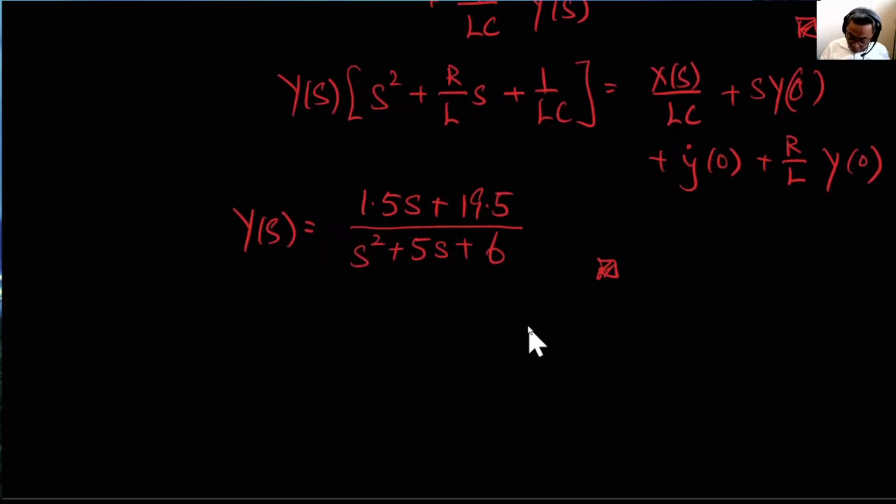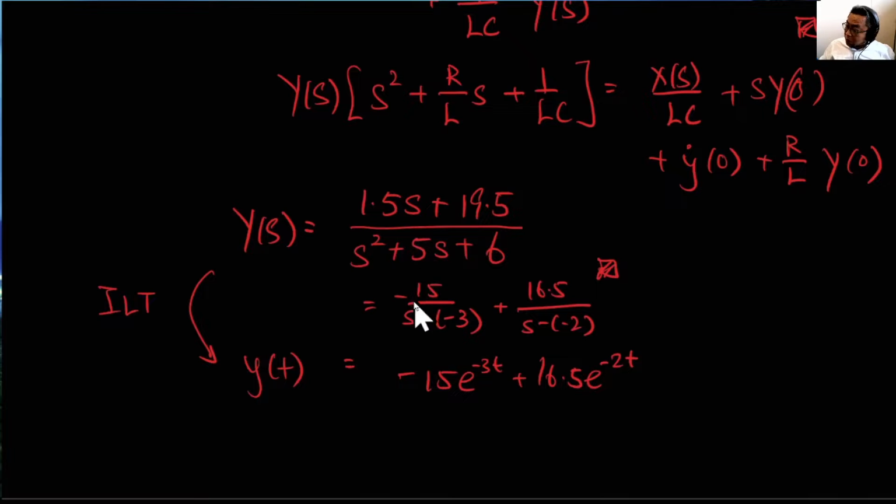What we now need to do is to perform the inverse Laplace transform to get y(t). I'll leave you to do the partial fraction expansion yourself. From this step to this step, you can try it manually or you can use residue in MATLAB to solve the problem. Once you have it in this simple form, you can simply use the lookup table.